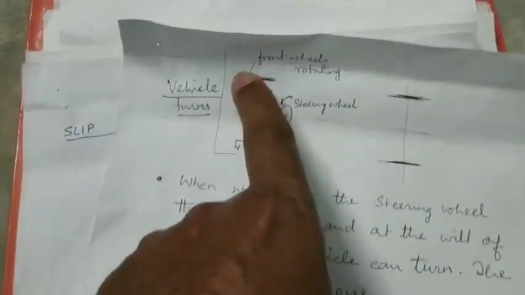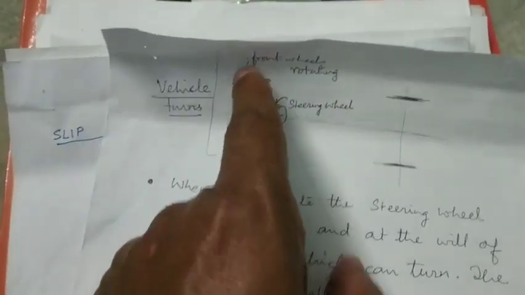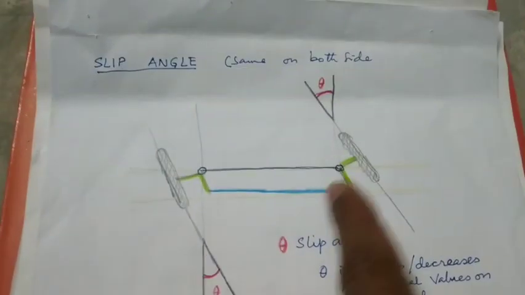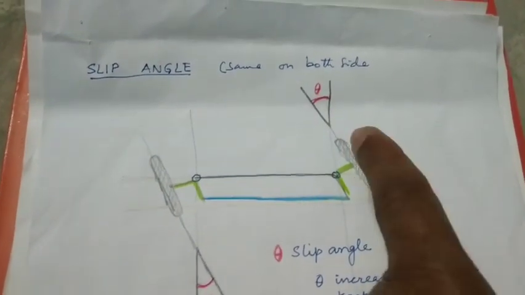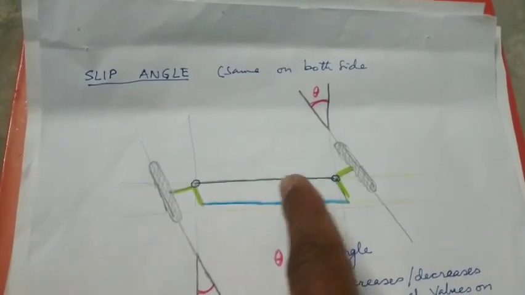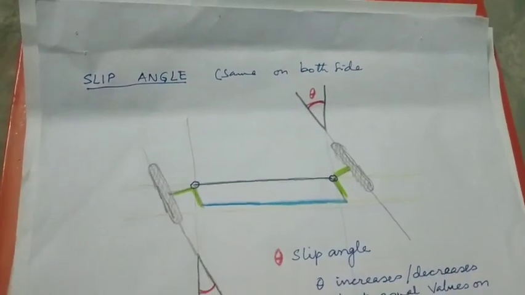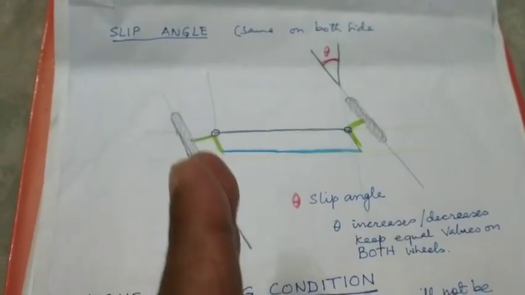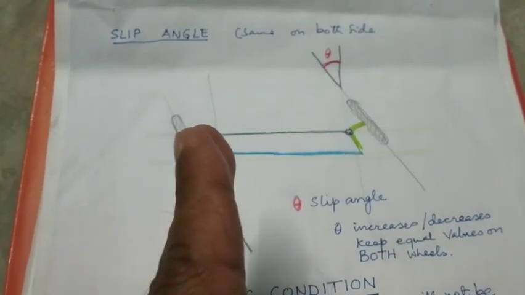This line will be a parallel line and it will be perpendicular to the axle. So if we draw a line which is parallel to the front wheel and perpendicular to the axle of the front wheel, then this particular line will be in line with the wheels.